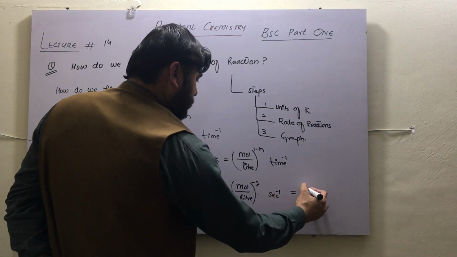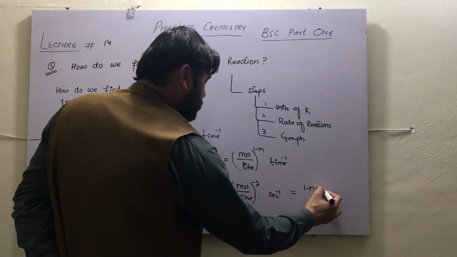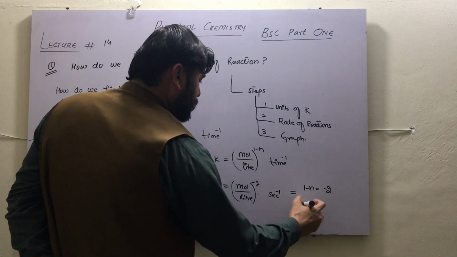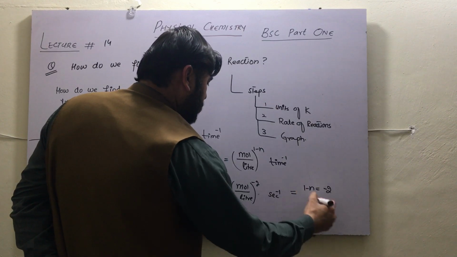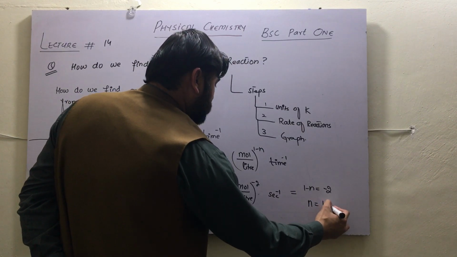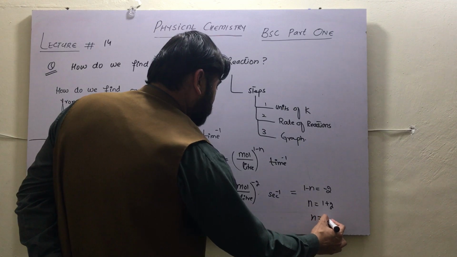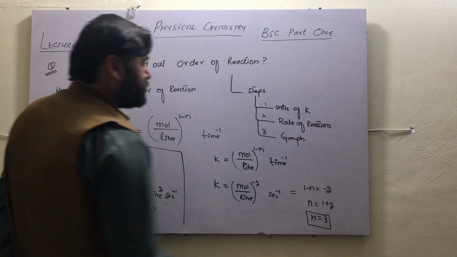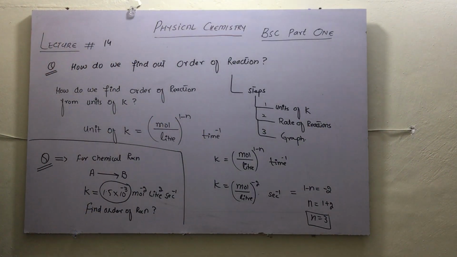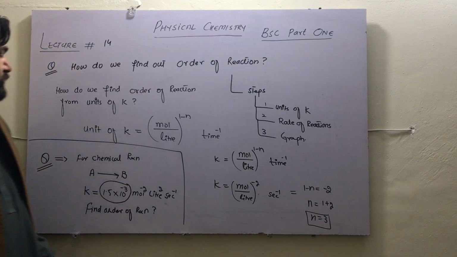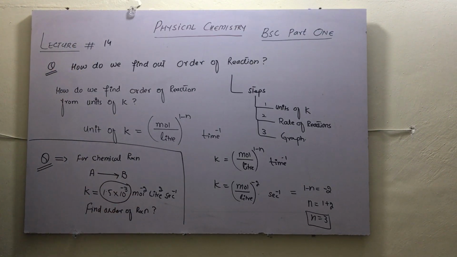If 1 minus n is equal to minus 2, what will be n? Bring it here: 1 plus 2, so n will be 3. From this you can easily find that the order of reaction is 3. So this reaction is a third order reaction.